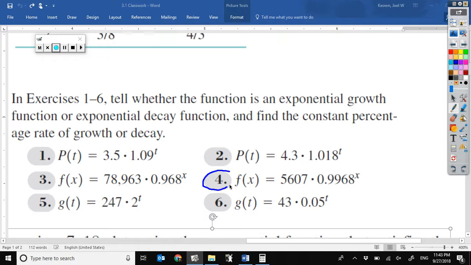We'll look at number 4. So number 4, I see that number right there is a lot more than 1, but that number doesn't matter. I'm only looking at the number that's being hit by the exponent. The number being hit by the exponent is less than 1, so that means this one right here is exponential decay. Alright, so go ahead and try those other problems in that section, and then we'll move on to the next one.